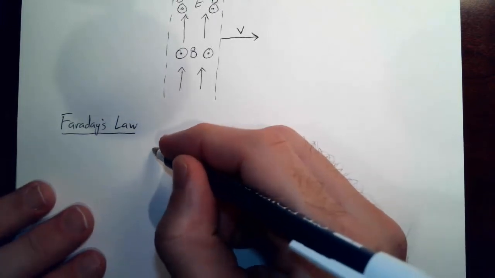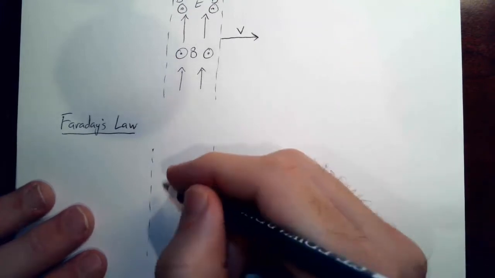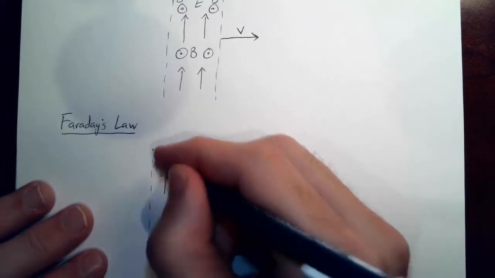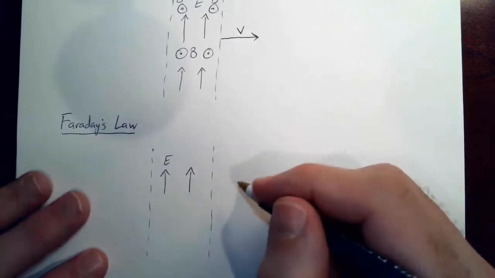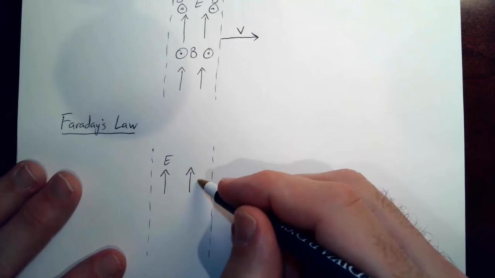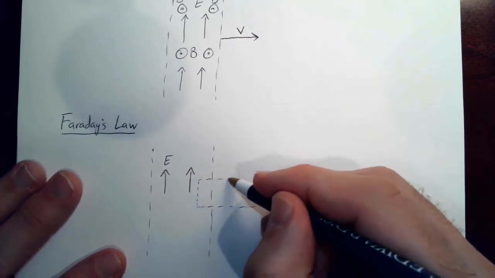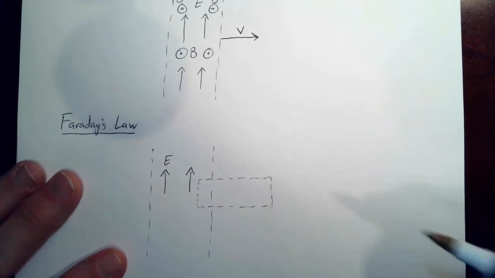So with Faraday's law, I have this electric field inside the slab. And I'm going to draw my loop so that some of it is inside the slab and some of it is outside the slab.